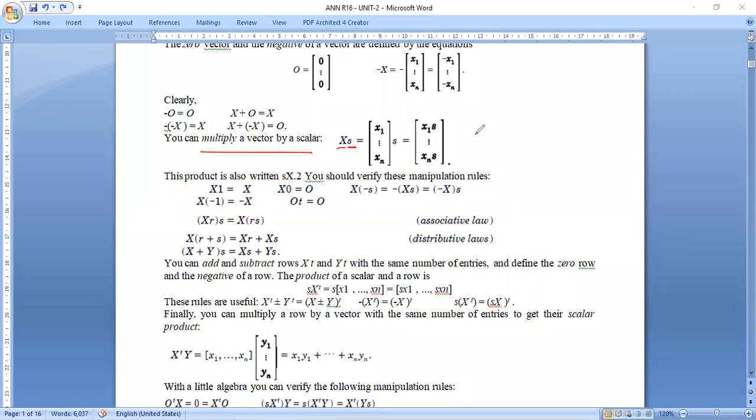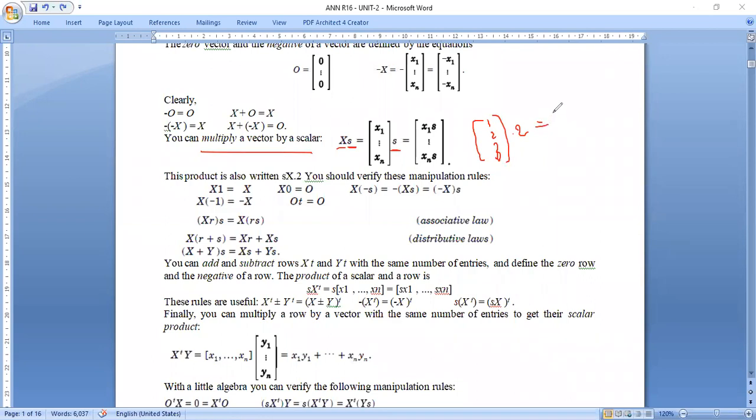For example, the x vector is 1, 2, 3, and the s value, the scalar, let's assume is 2. Now we are going to calculate the product of these two. 1, 2, 3 into 2 equals, what is the result?